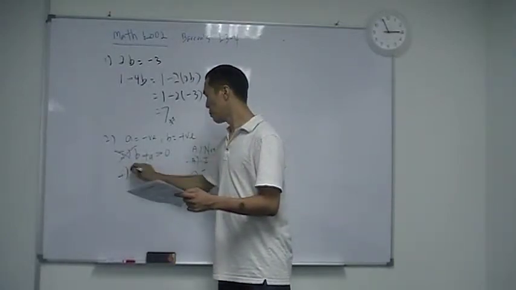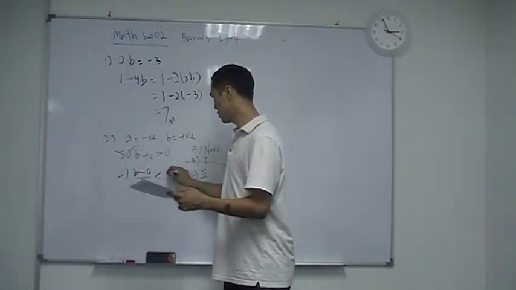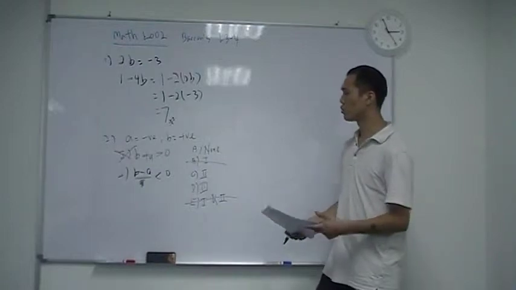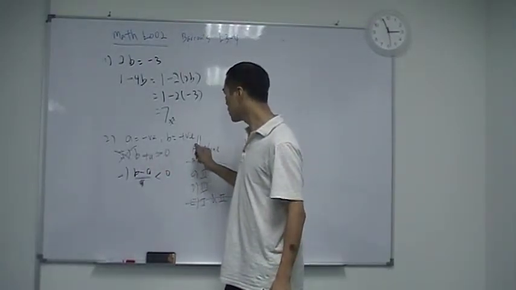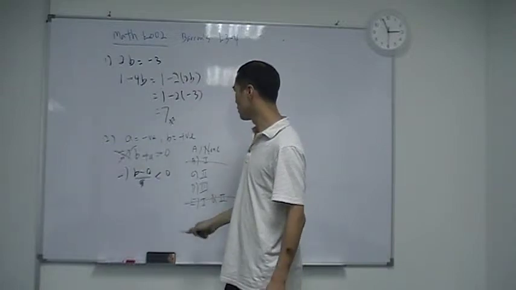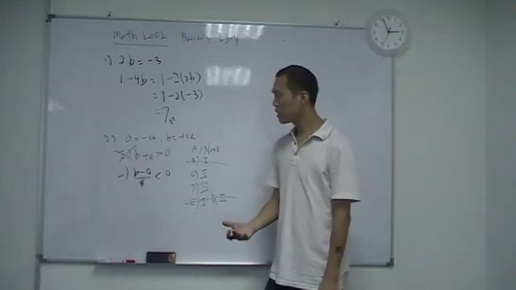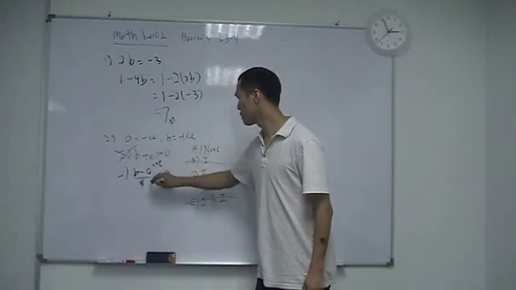Statement 2: B minus A over A is less than 0. Most of the time we look at this and wonder what to do. What you can do here is just change it. B minus negative becomes positive, minus becomes plus. So the top becomes positive and the bottom is still negative.